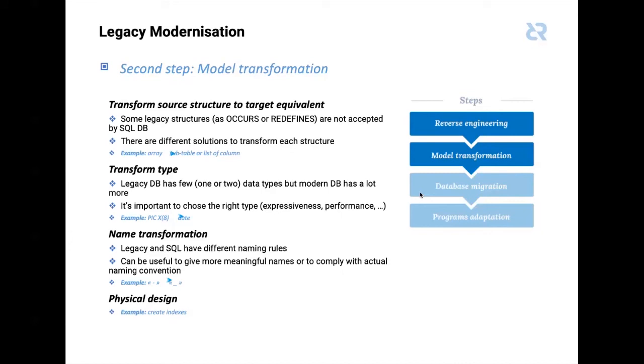It will as well make your database more understandable and readable, maybe for less technical persons, allowing you to as well use maybe less skilled or more junior resources in your data environment. And last but not least, we have as well the physical design of the new database that is being performed.